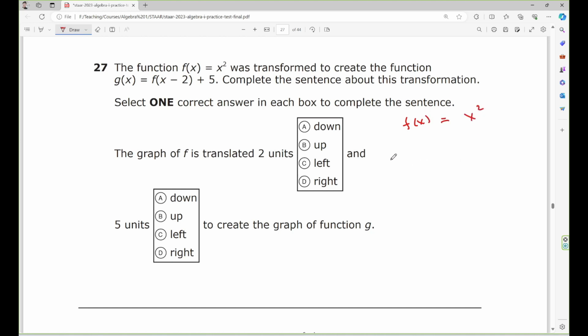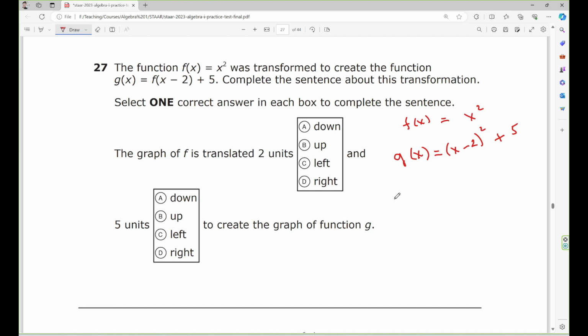And then g of s equals f of s minus 2. Look, f of s equals s squared, and f of s minus 2 should be parenthesis s minus 2 squared plus 5, like that.